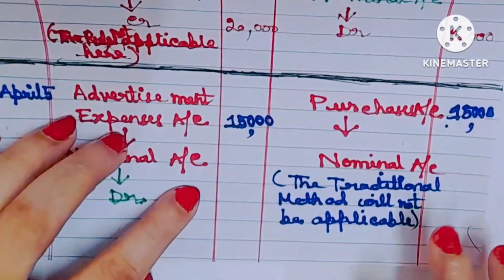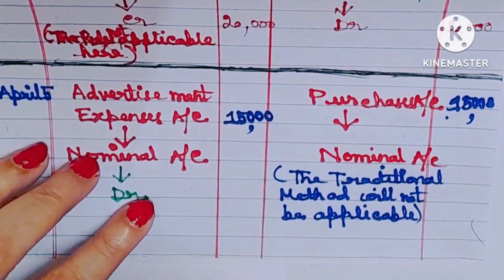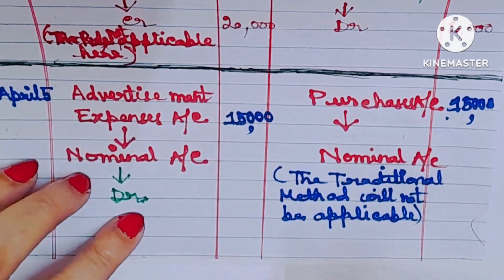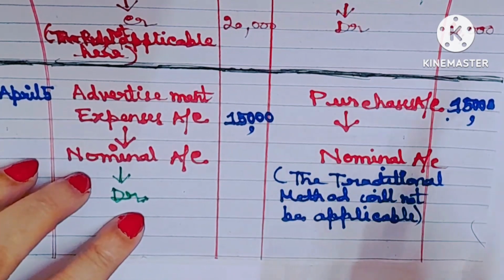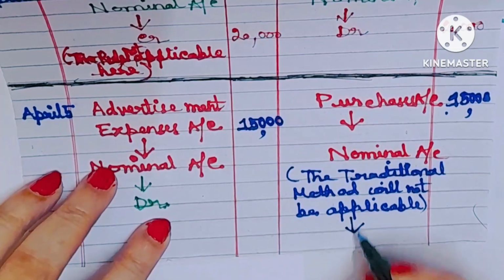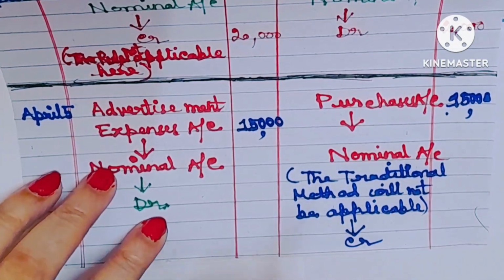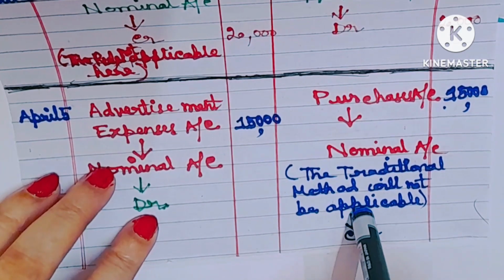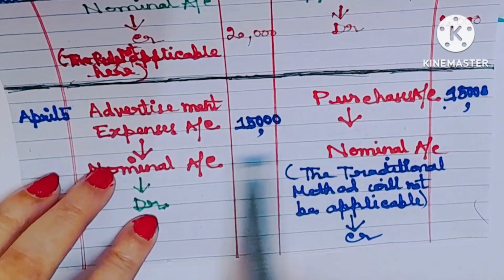The reason is same as before. Why are we crediting purchases account? Here the 3 golden rules of accounting will not be applicable. Here we have to credit purchases account. Why? Because the purchases of the business is getting reduced by rupees 15,000.